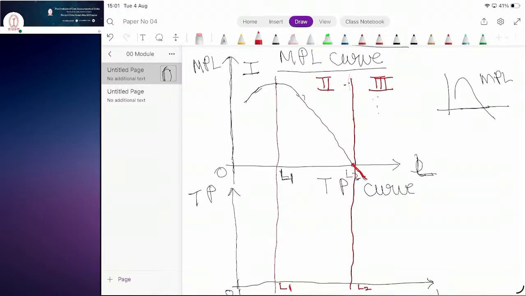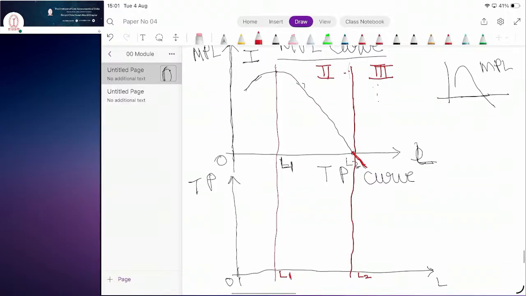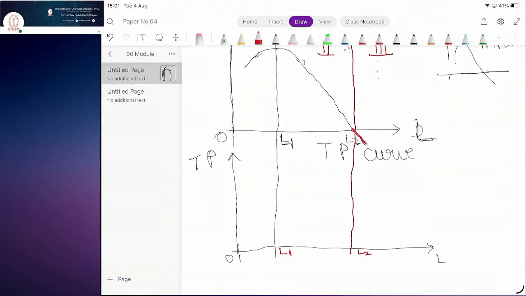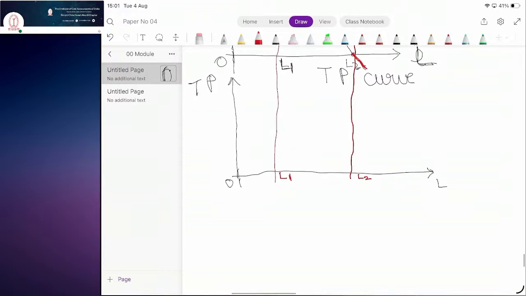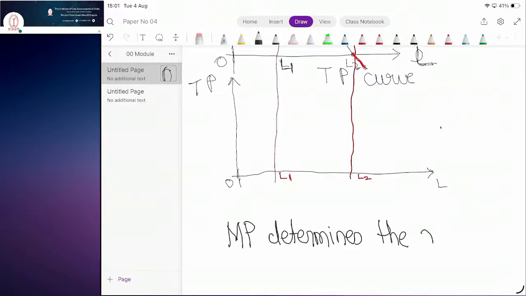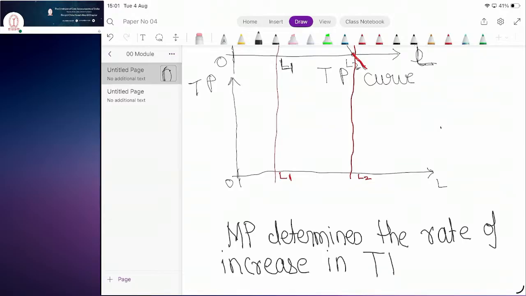So now remember, just write this: marginal product determines the rate of increase in total product.